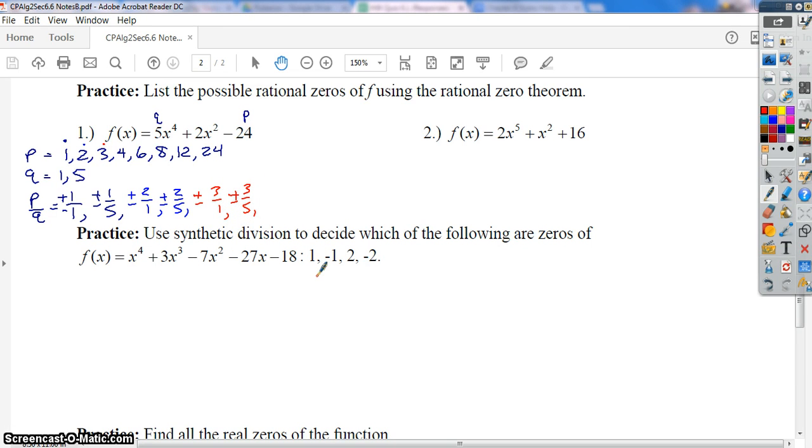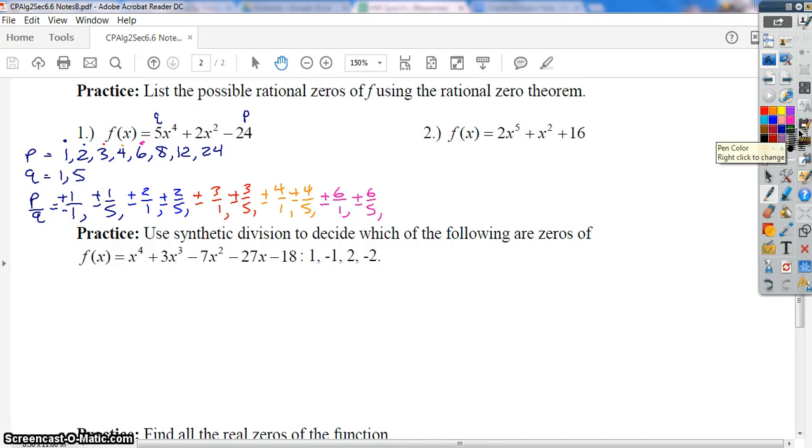See a pattern forming here or a common theme. Next one is 4: 4 over 1 and 4 over 5. Going to 6, I guess I'll do pink: 6 over 1 and 6 over 5.